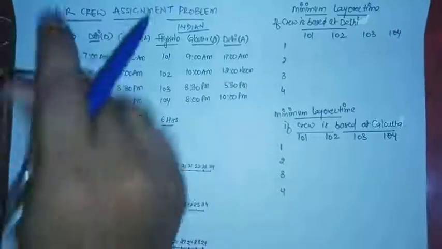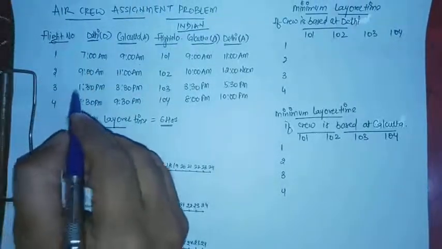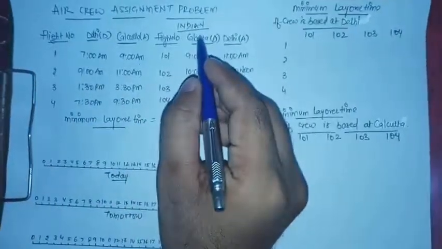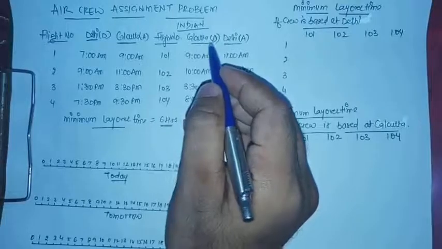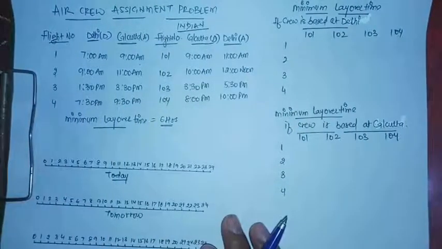In the same way, these are the flight numbers if they are operating from Delhi, and these are the flight numbers if they are operating from Calcutta. So what usually happens in the case of airlines is that we have some crew members who are traveling along with passengers.